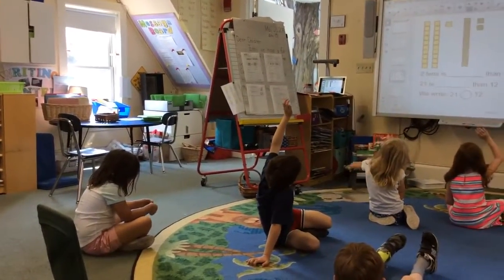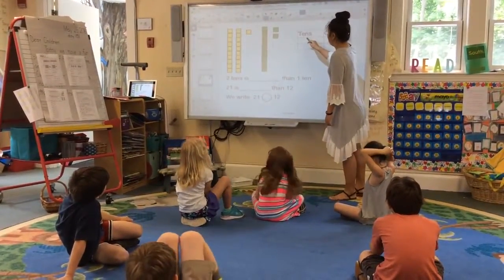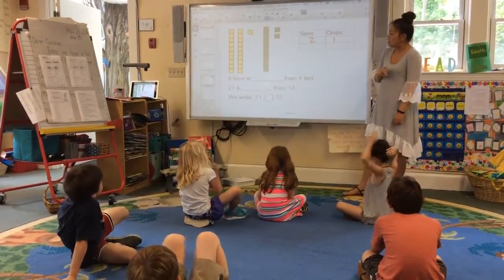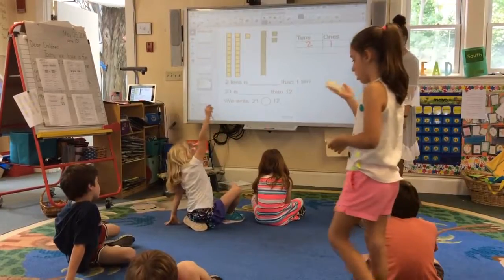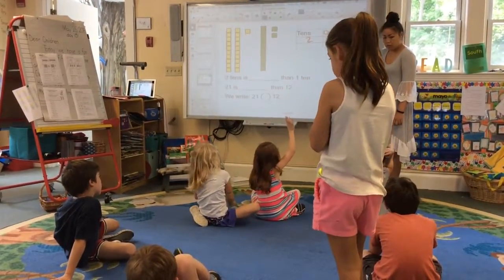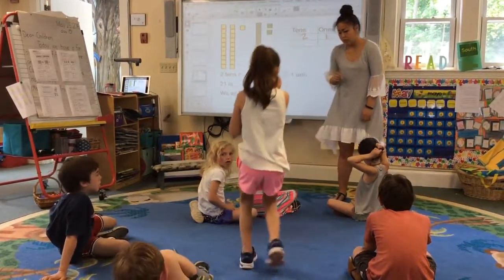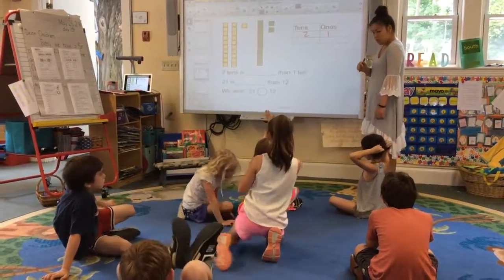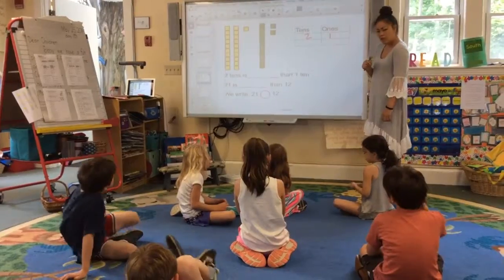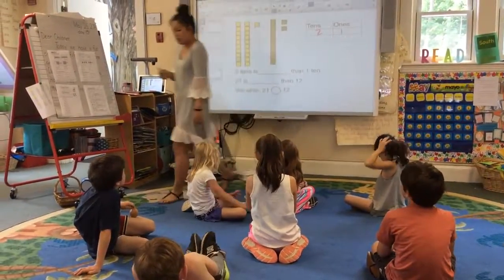Christopher? 21. 2 tens, 1 one. Okay. How many green blocks are there? Sawyer, what do you think? How many green blocks? 12.